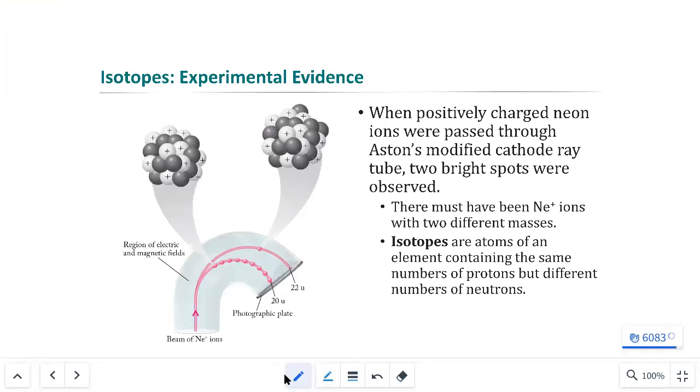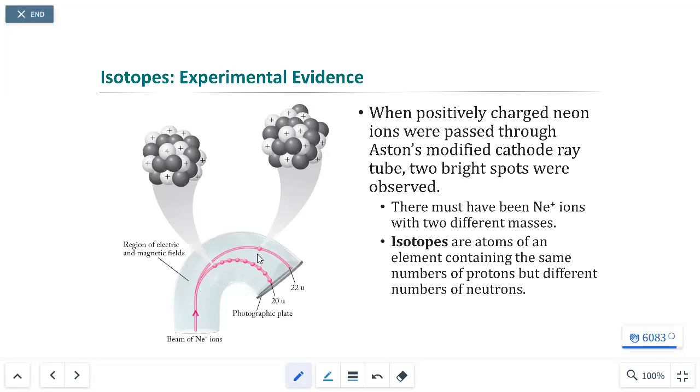Now, one of the things that we know about atoms is that even though from a certain perspective, all atoms of an element are the same, we also recognize, based upon experimental evidence, that there are some differing characteristics between types of atoms in the same element. And the first experiment that showed this was the bent tubes experiment.